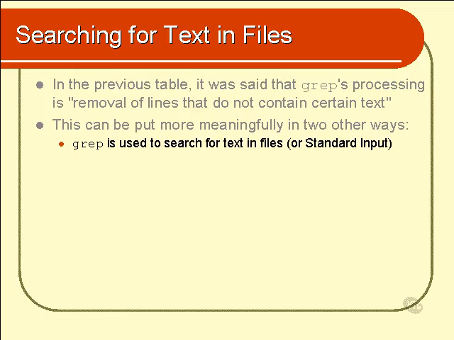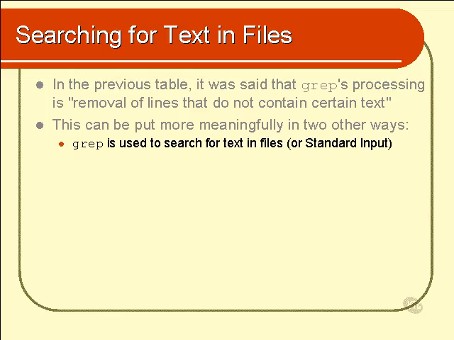Or, put another way, it'll remove all the lines that do not contain the text. Thus, you can see that grep is used to search for text, or at least display certain text in files. And of course, whenever I say files, I also mean standard input.